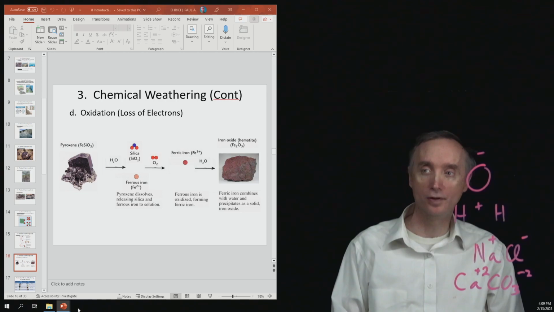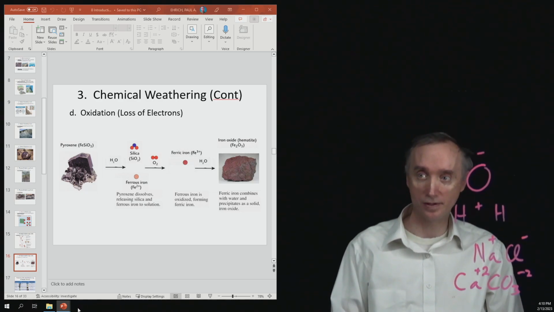We're going to start with the mineral pyroxene, and we're going to mix water with it. The water is going to have a chemical reaction with the pyroxene, and what we'll end up with is silica again, basically sand, and you can see that it broke off the iron, so that we have a ferrous iron ion in the water.